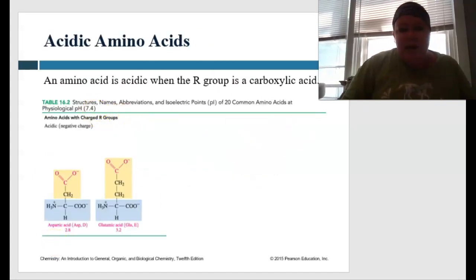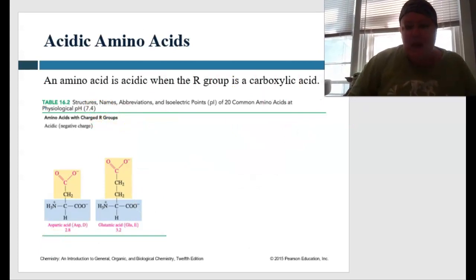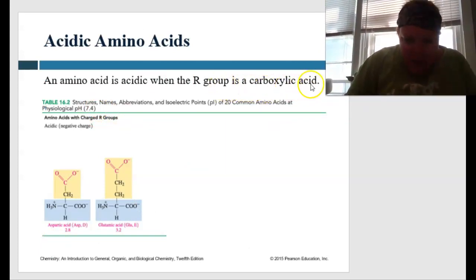When an amino acid is acidic, the R group has the carboxylic acid. You can see here the difference is going to be a length in the side arm, and the R group is the carboxylic acid as well.